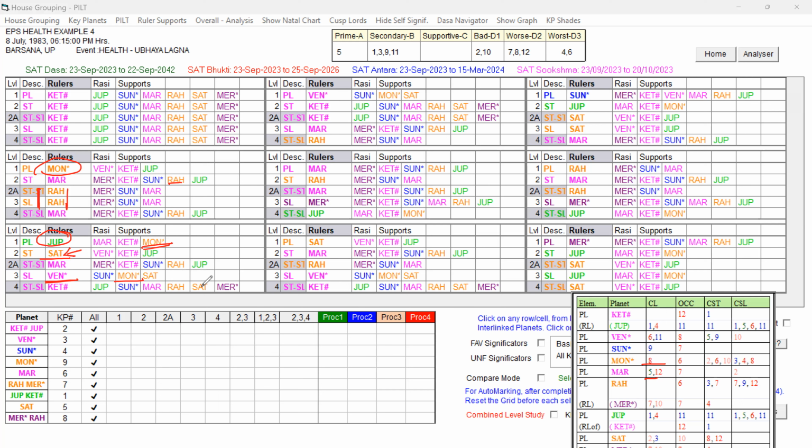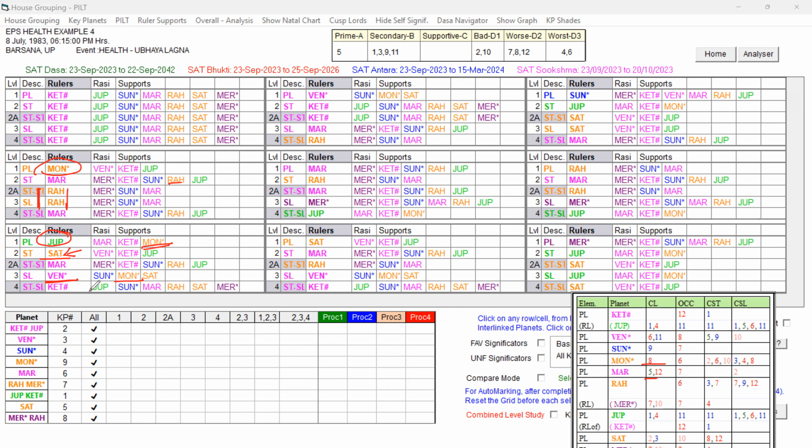So the bhukti lord which has Saturn, Moon and Venus in its rulers, only Venus is not going to help. So Saturn should be strongly present, and Moon also, if present, can give trouble. Which planets have that in Jupiter dasa? Saturn and also Moon.